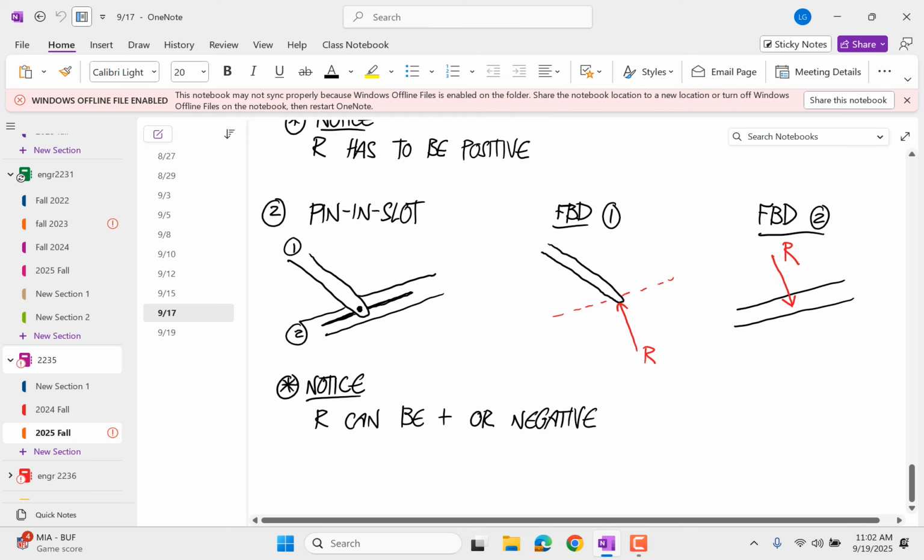So I have a pin and slot joint here, and I want you to think about how this works. The slot is aligned with the slot in the picture, and the arm is aligned with the arm in the picture. Remember, when you're trying to think of what loads a joint applies to a body, think of what degrees of freedom are eliminated by the joint, not the ones that are allowed.